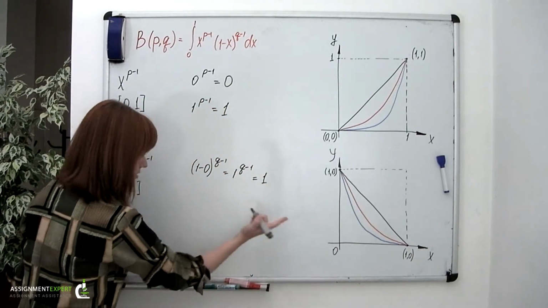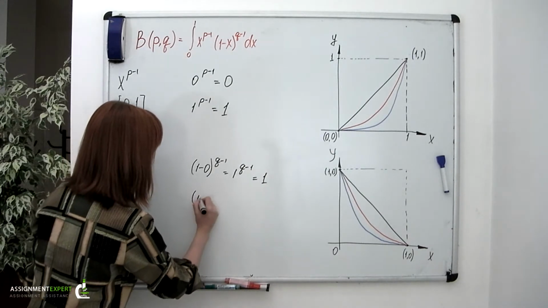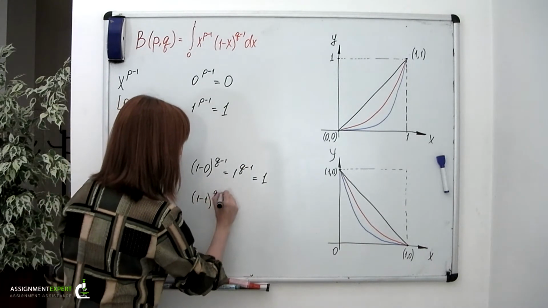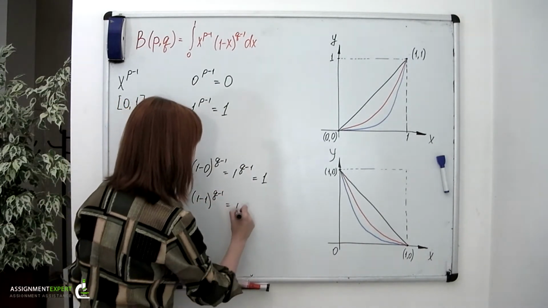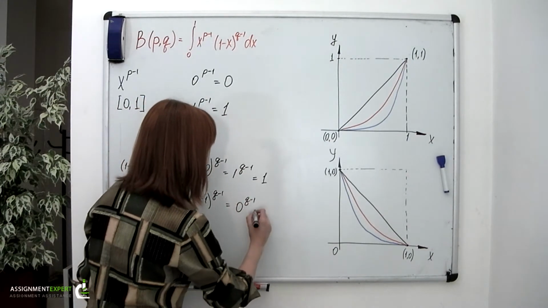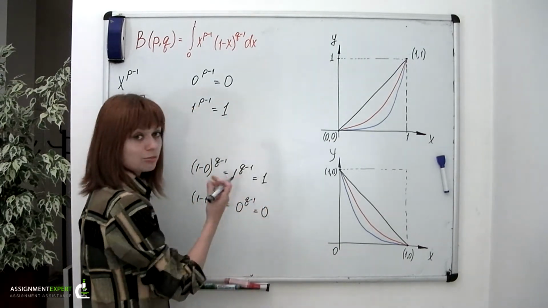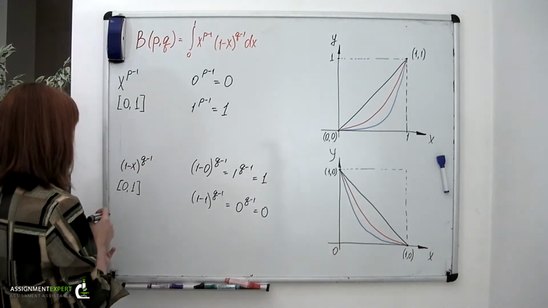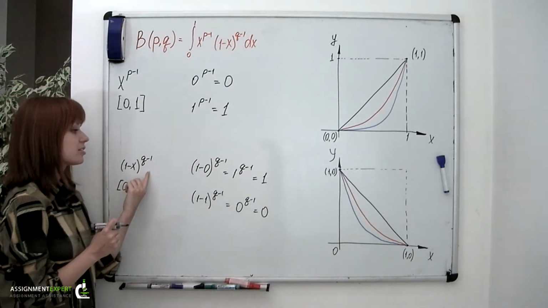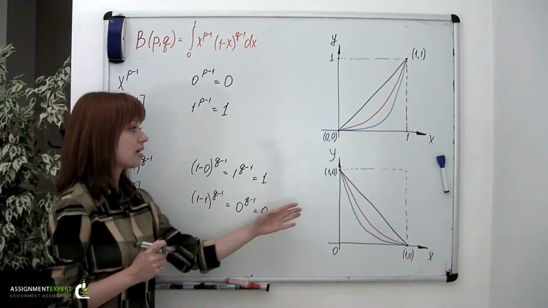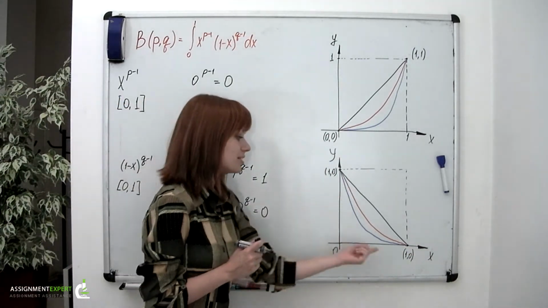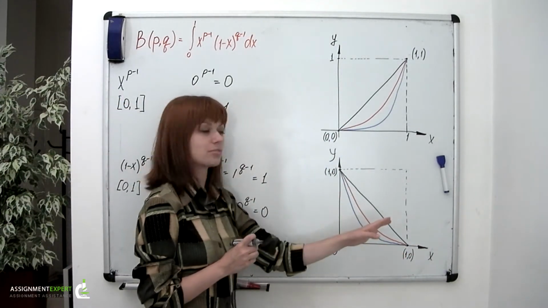And for x equal to 1, we'll have 1 minus 1 to the q minus 1, which equals 0 to the q minus 1, which equals 0. So we may say that the second factor gives us curves of the same shape as the first one does, only decreasing and shifted by 1 to the right.